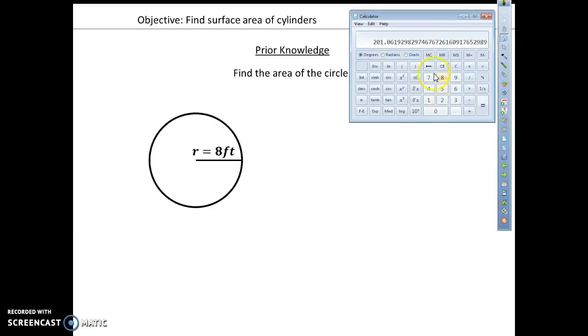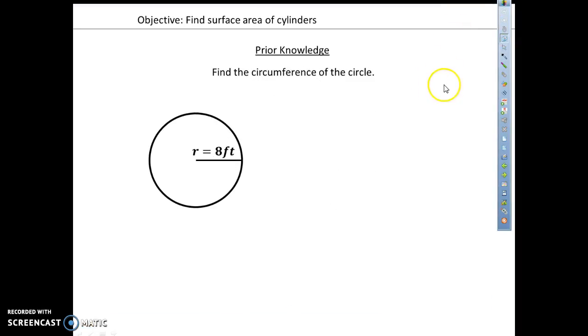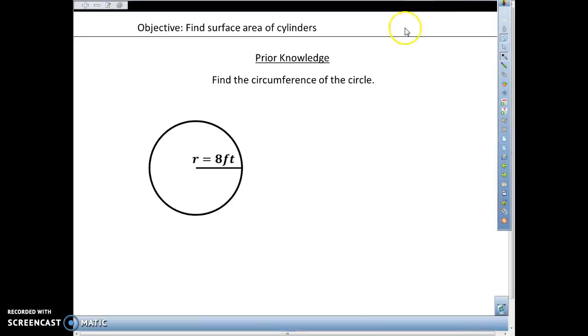The other idea that we're going to need for these problems is the circumference. Remember, circumference is just the outside of a circle, the distance around a circle. If we were working with a rectangle, you would know that term as the perimeter. So circles have a circumference, which is the measure of the outside.